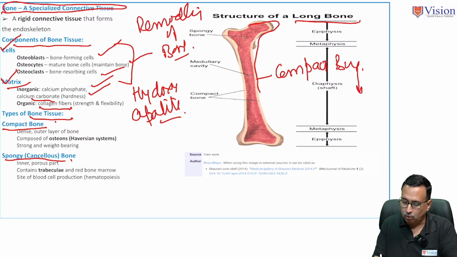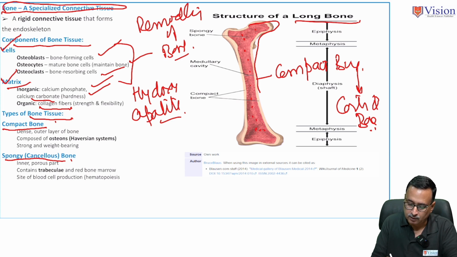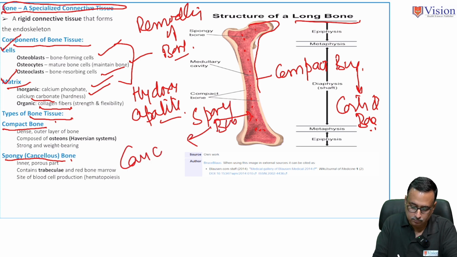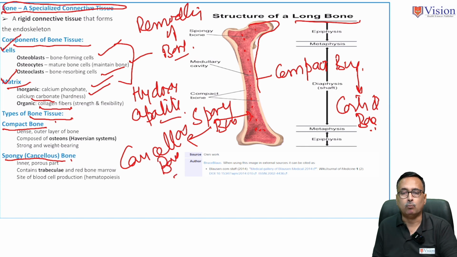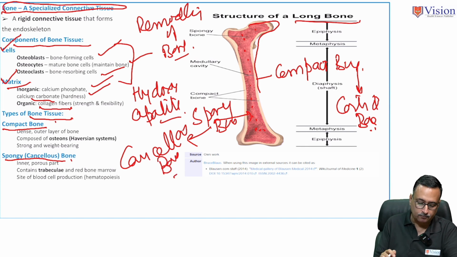Compact bone is also called cortical bone. The inner red colored part of this long bone constitutes spongy bone, which is also called cancellous bone. In this way, bony tissue is of two types.